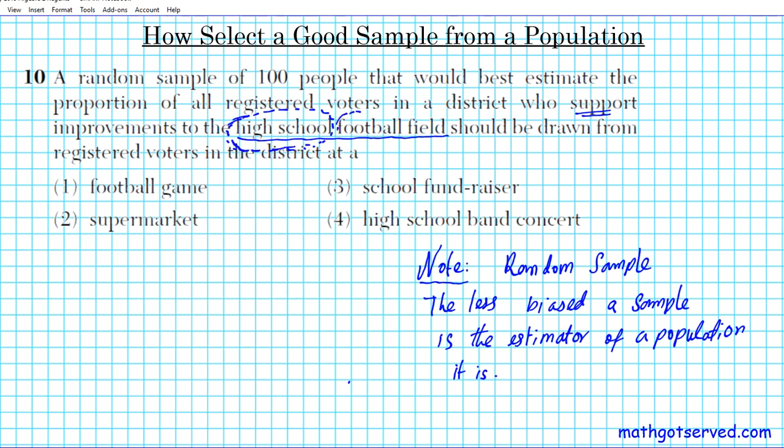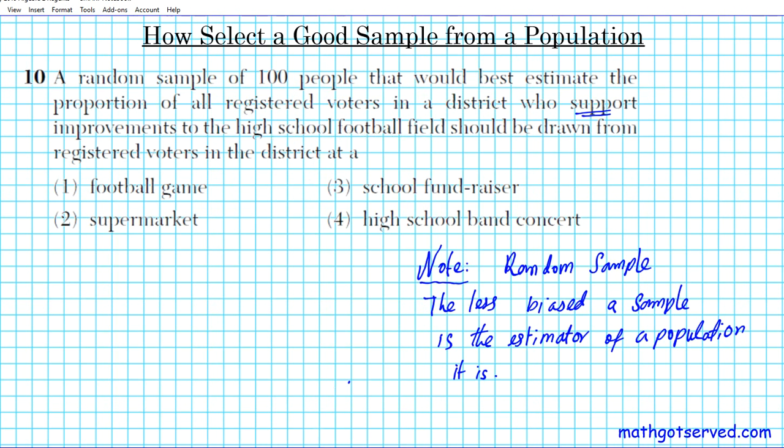Or what if you like football? If you like the game or watch the game, you'll be biased towards supporting the improvements. But we want to be as unbiased as possible. So the area you collect your sample from should comprise people who are not clearly biased toward either high school or football or a combination of both.